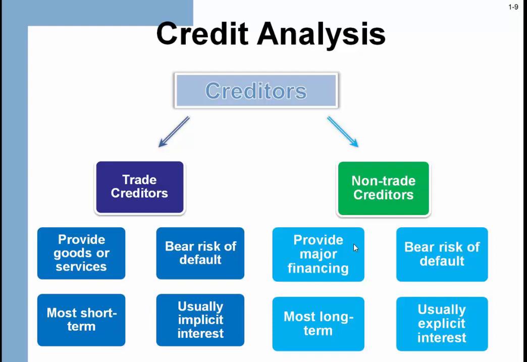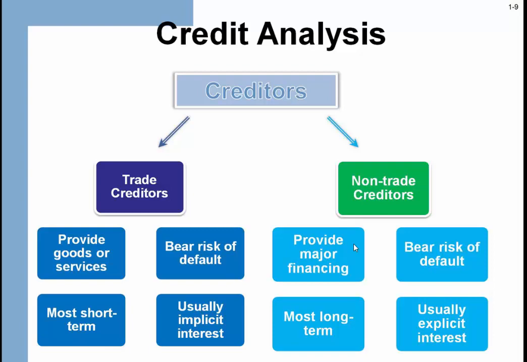So they want to know if you have the short-term liquidity and the money to pay your bills on a monthly basis. Whereas non-trade creditors, by contrast, are going to be companies that really don't worry about what happens monthly. They're looking at much more long-term stuff. So that might be where they would sell bonds.